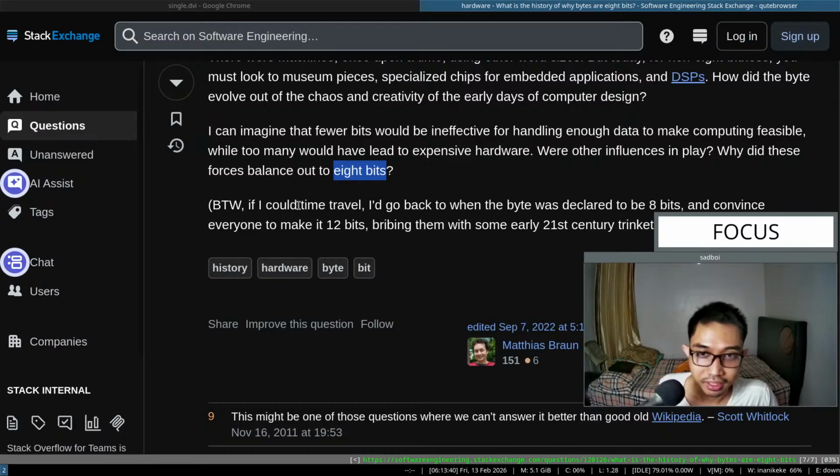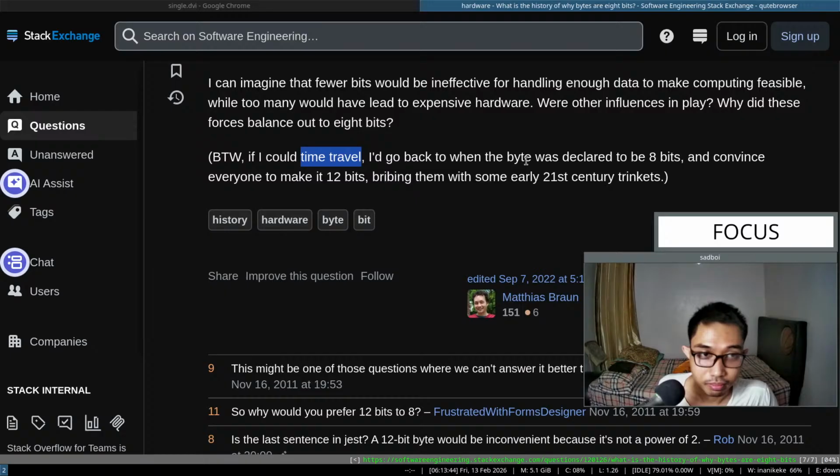But if I could time travel, I would go back to when the byte was declared to be 8 bits and convince everyone to make it 12 bits, prepping to meet some early 21st century thinkers. I mean, why would you choose 12 bits instead of 8 bits?